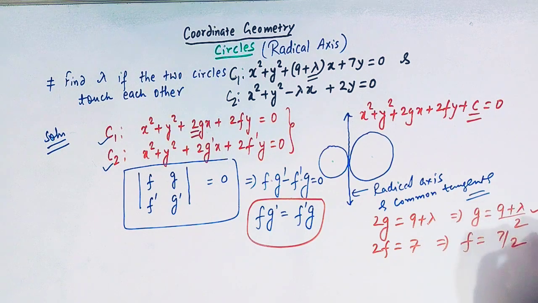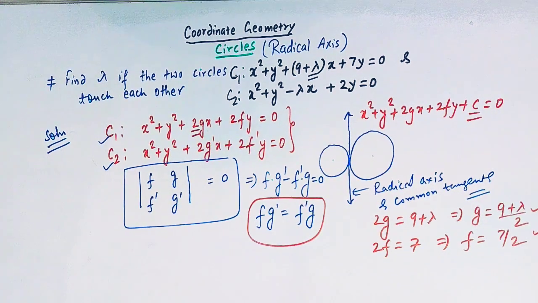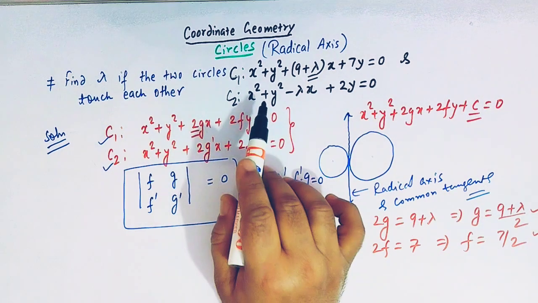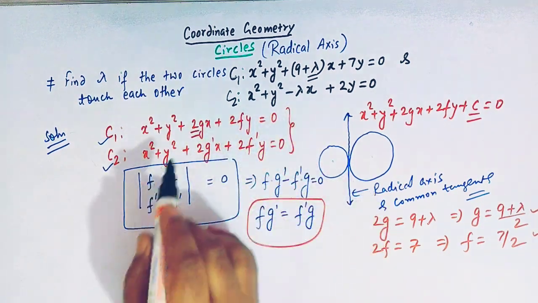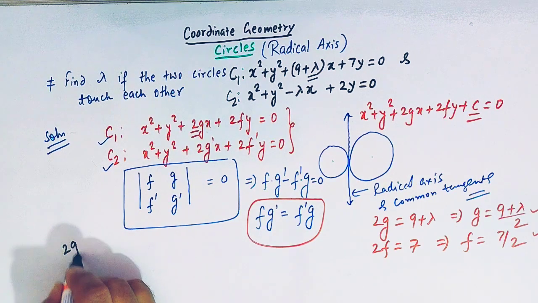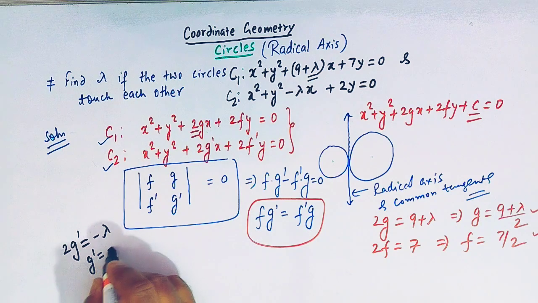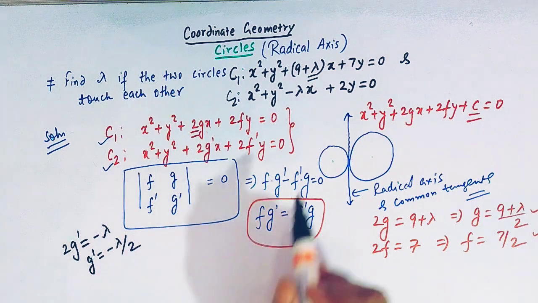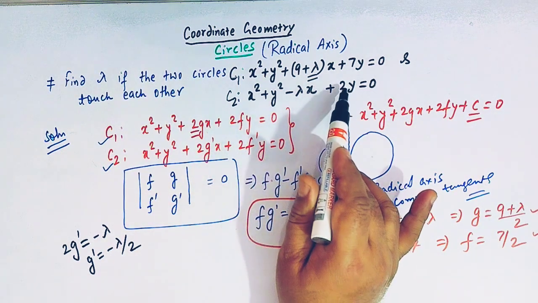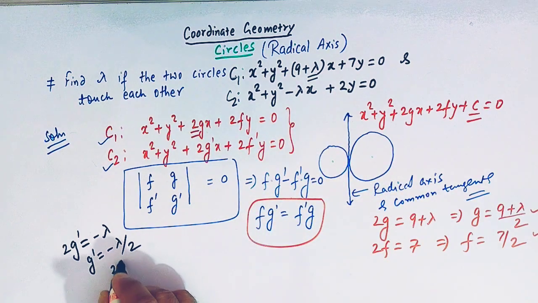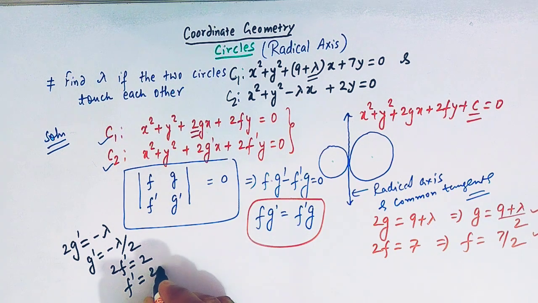So we have obtained the value of g and f, right? Similarly, if we compare this equation with this one, then we have 2g dash equal to minus lambda. So g dash is minus lambda over 2, and here we have 2f prime is equal to 2. So f prime is equal to 2 over 2, that is 1, right?